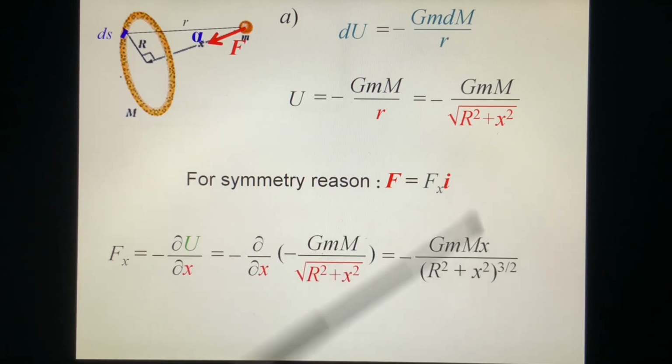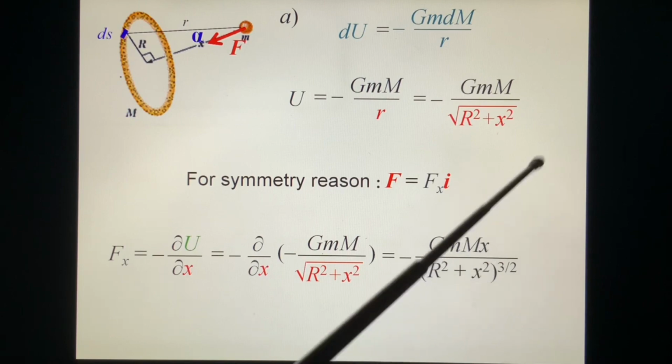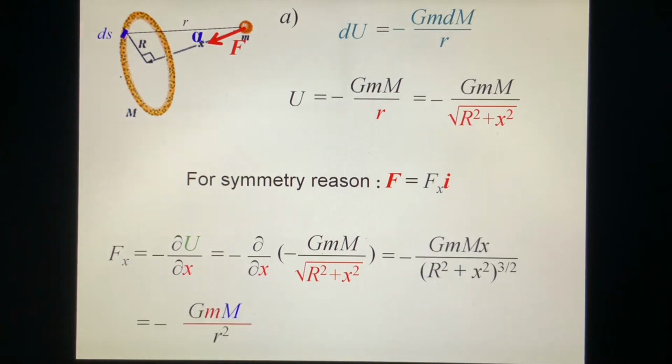Okay, we get this answer. This is minus half. We do the derivative, minus 3 over 2, and the 2x cancels the 2, you get this one. Now this one is exactly equal to the same thing we deduced before. This r squared is big R squared plus x squared, and x over r is cosine alpha.